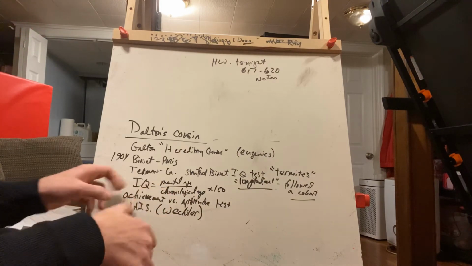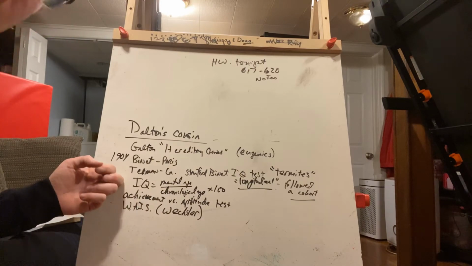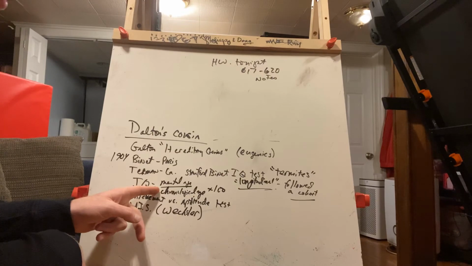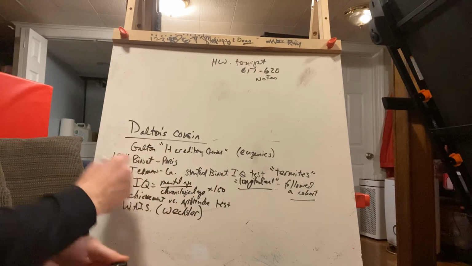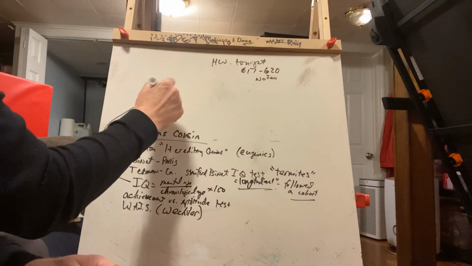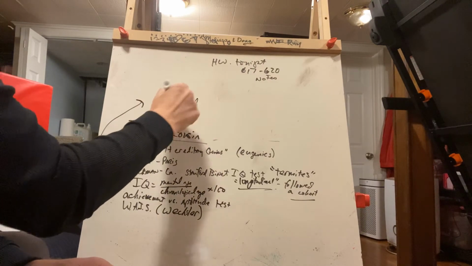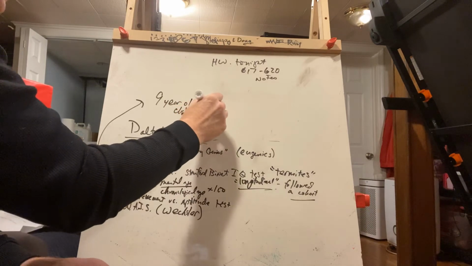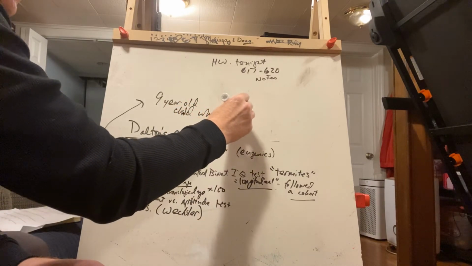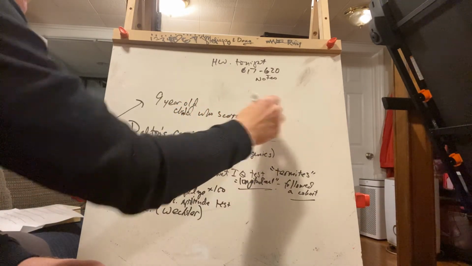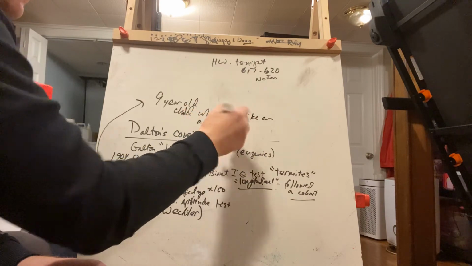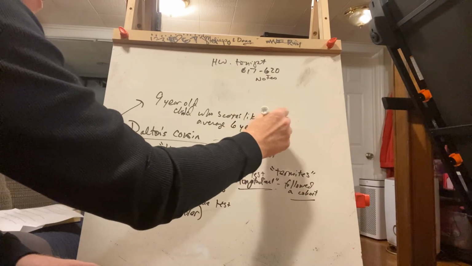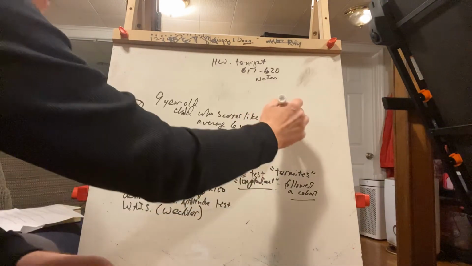Okay, so to figure out the IQ score, what they used to do was mental age over chronological age times 100. So if I said I have a 9-year-old child who scores like an average 6-year-old, what's the IQ?